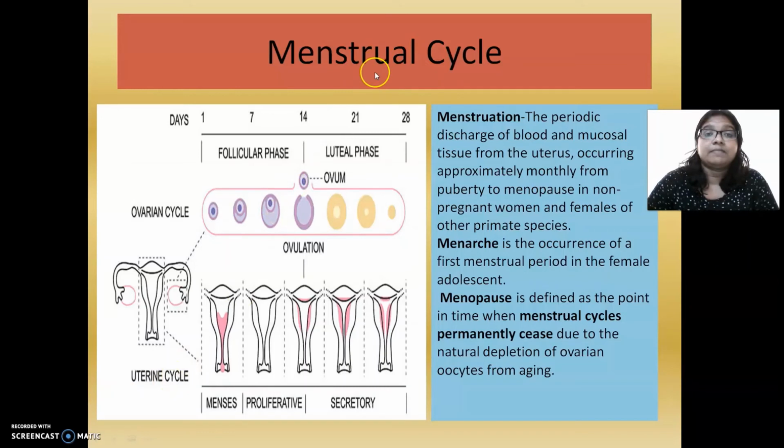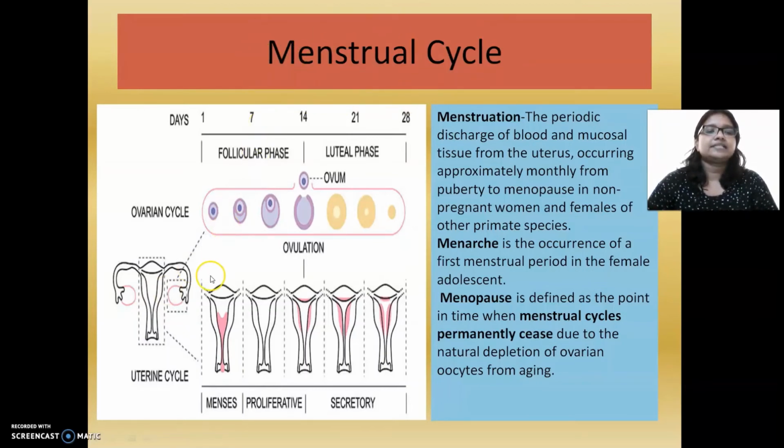Let's see about the menstrual cycle. In case of female, starting from puberty, there will be sequential changes which occur both in ovaries and uterus. And those cyclic sequential changes which occur in the reproductive system of female, we call the menstrual cycle.